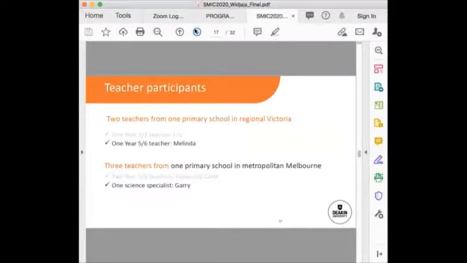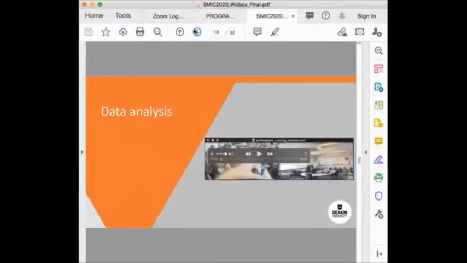So two year 5, 6 teachers, who are teaching maths and other subjects except for science, and then we have one science specialist. So for the purpose of today's presentation, I'm basically focusing on one teacher from regional Victoria, and the data from one of the science specialists because of the limited time.